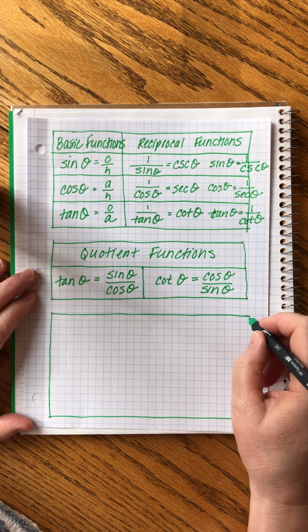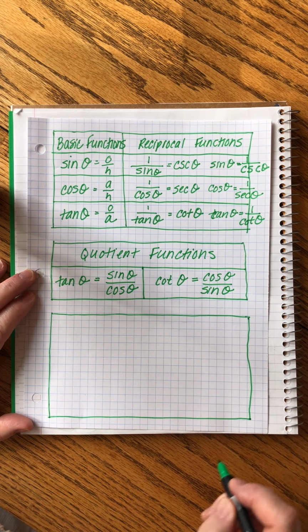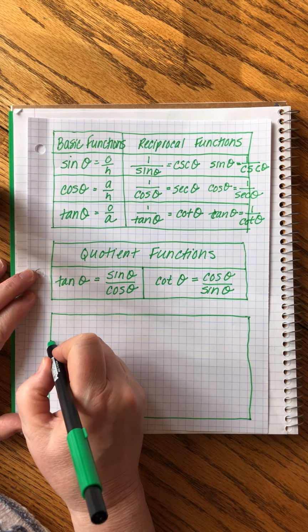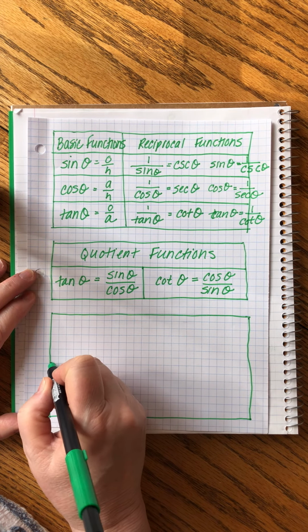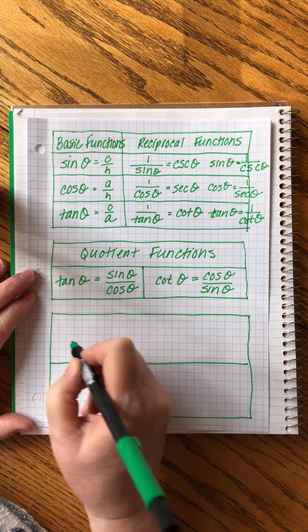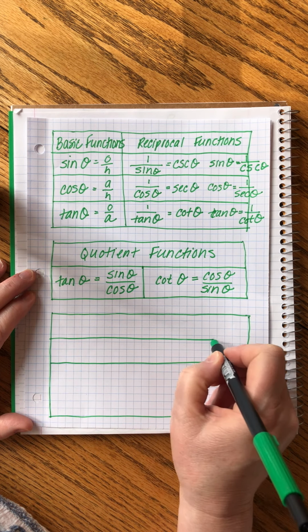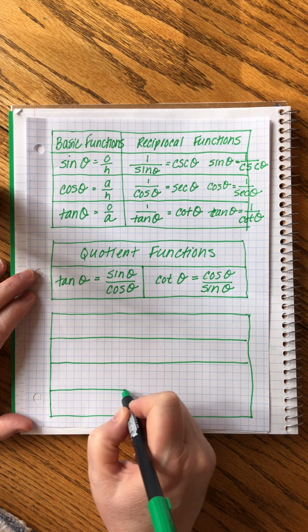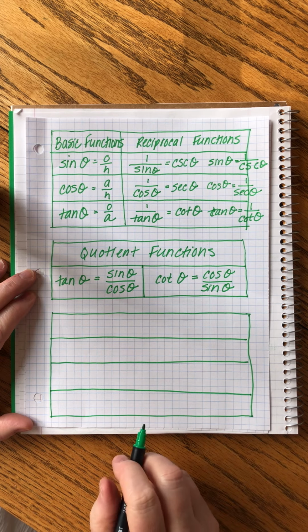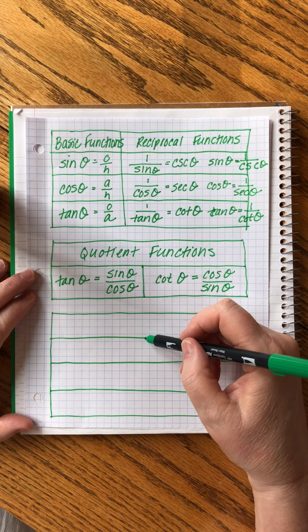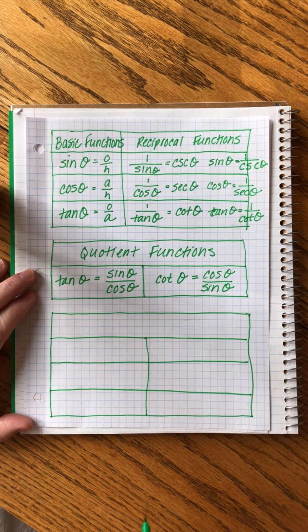For the next piece of information, we need 4 rows in this one. And then we'll divide the bottom 3 rows right in half.